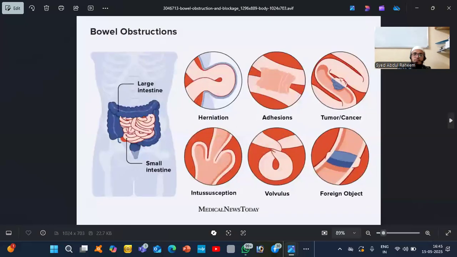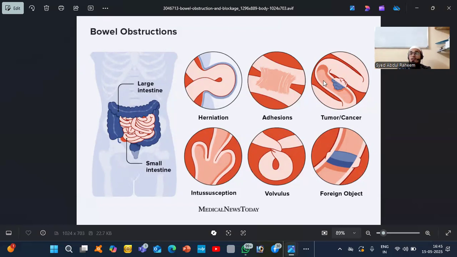Next, we have bowel obstruction. Bowel obstruction is nothing but any obstruction that happens. We have different types of obstruction. One is herniation. Herniation means the bowel is coming out of its space due to damage of the protective wall. Adhesion means two guts are attached.